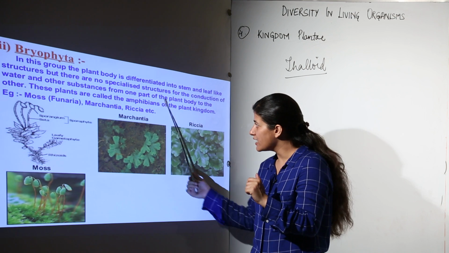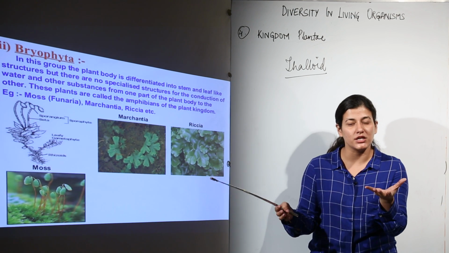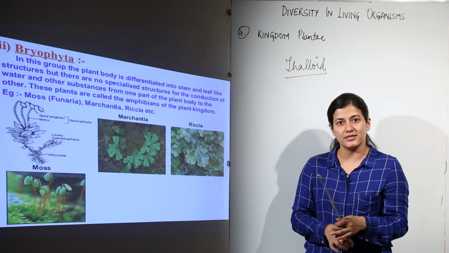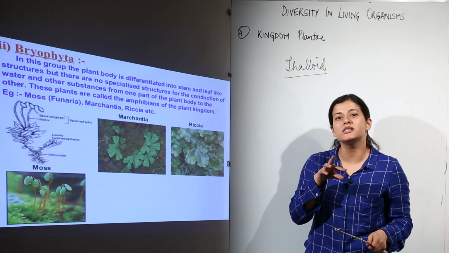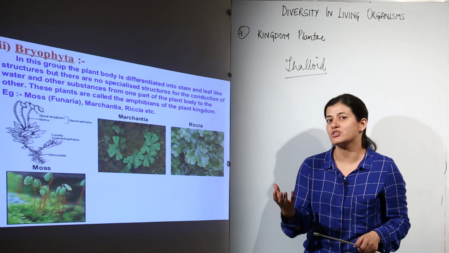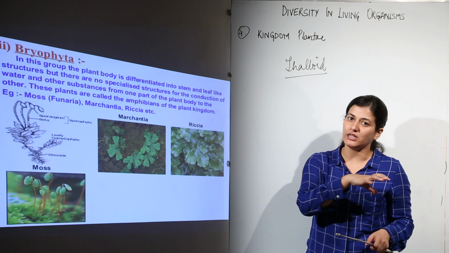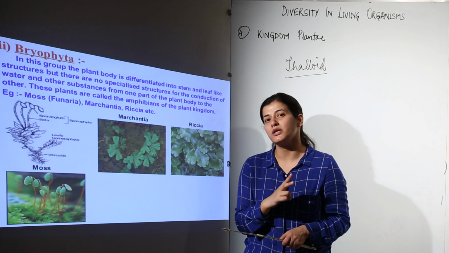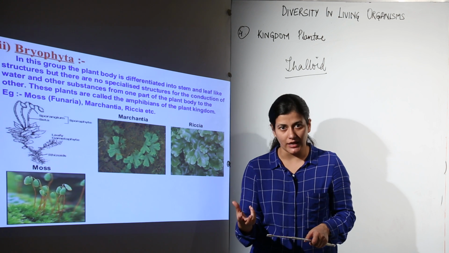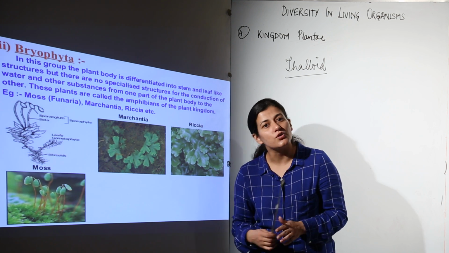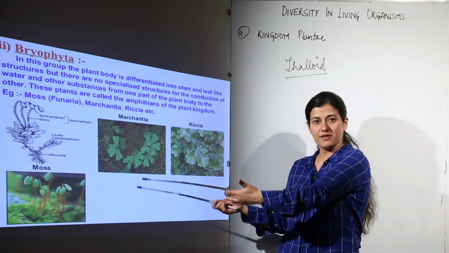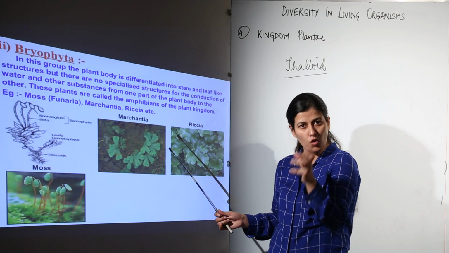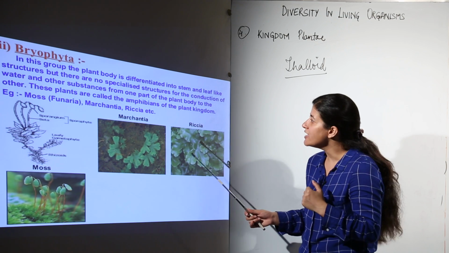Amphi means dual, and amphibians are those biological forms which have dual surviving conditions, that means they need a terrestrial environment as well as an aquatic environment. Those organisms which require an aquatic environment for their reproduction are known as amphibians. Because the previous group was totally aquatic, these are becoming terrestrial. They are present in moist areas, and they require water for their sexual reproduction.